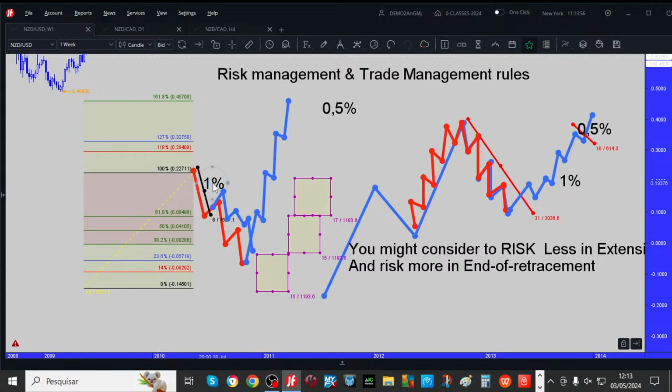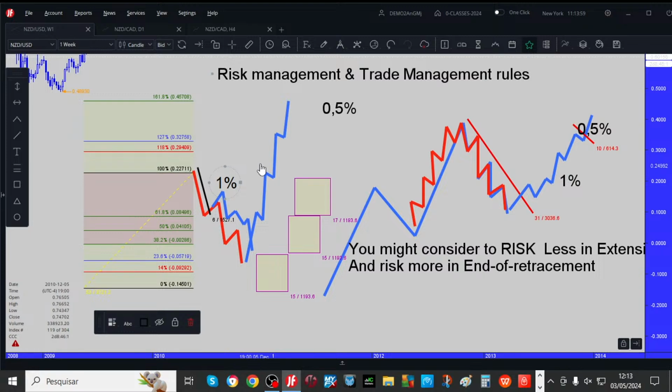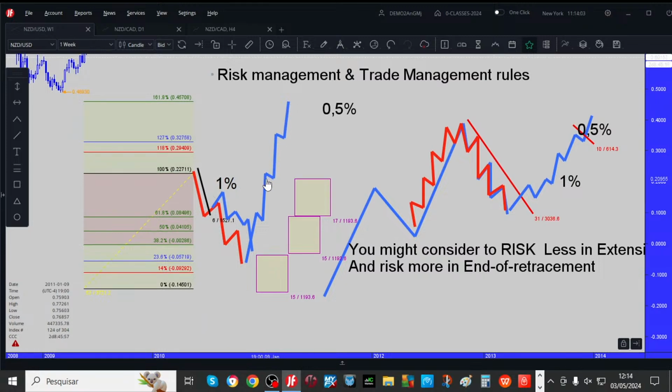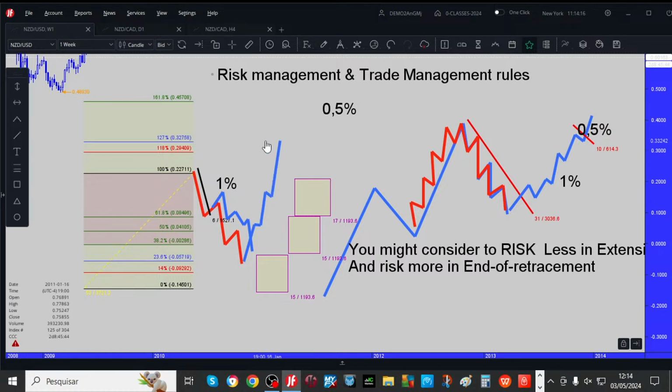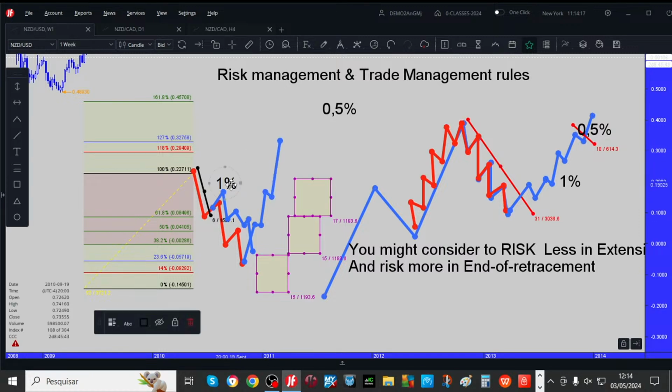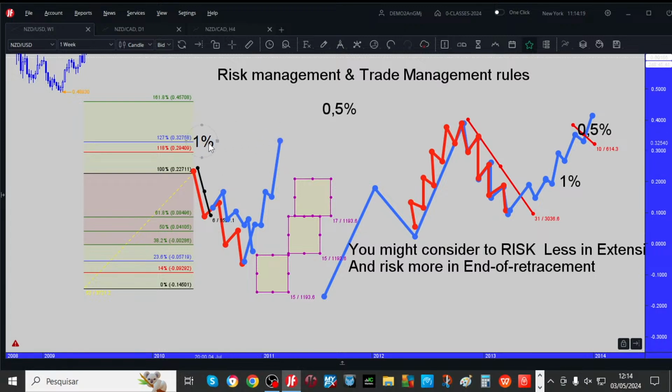Entering 1% in here, and blue goes to blue, right? So from here to here to here. You are going to make less money in terms of pips if you enter here 1%, or if you enter down here 1%.